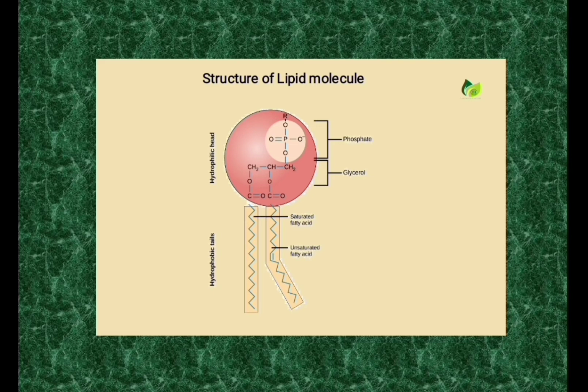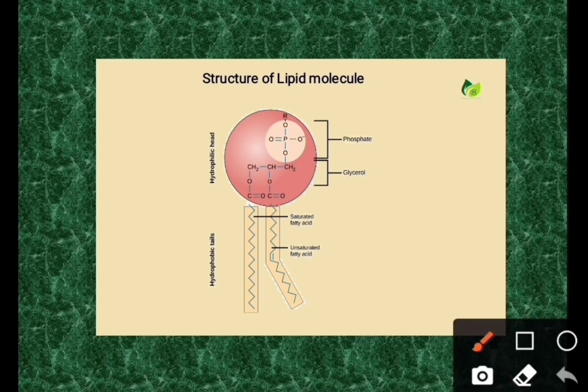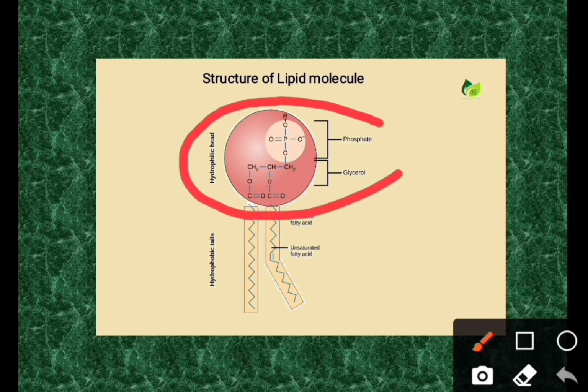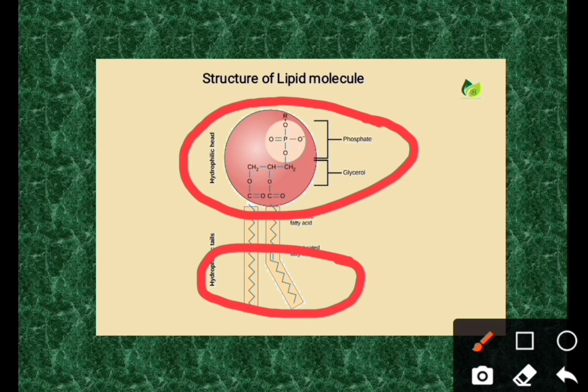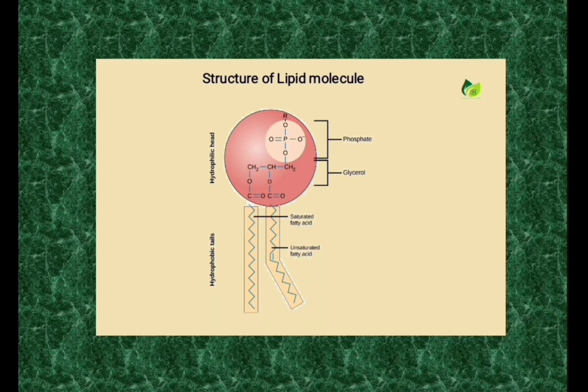You can see the picture. This is the head part and this is the tail part. In this picture you can find the hydrophilic head and hydrophobic tail. That's why these lipid molecules are amphipathic in nature.